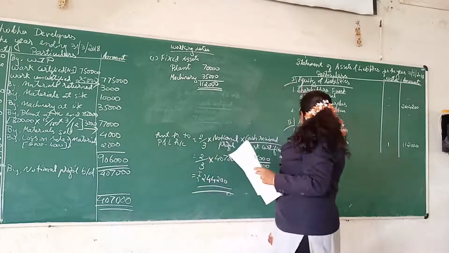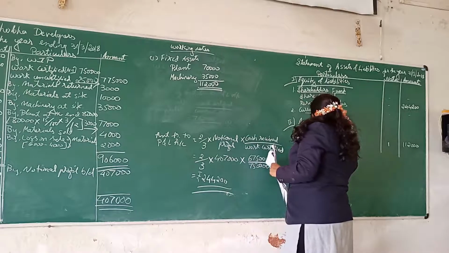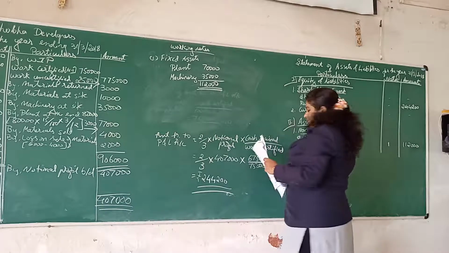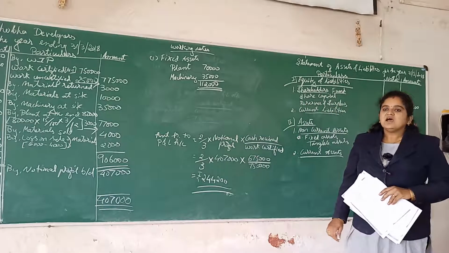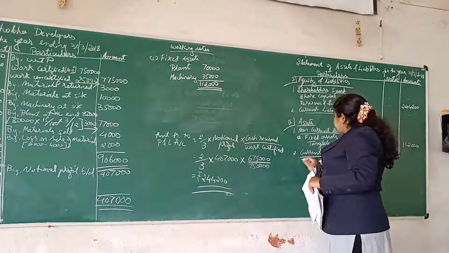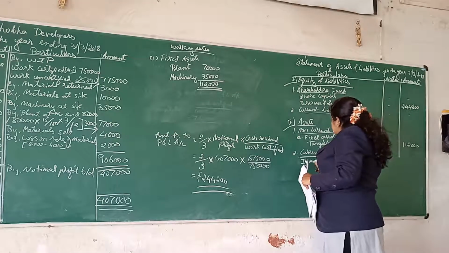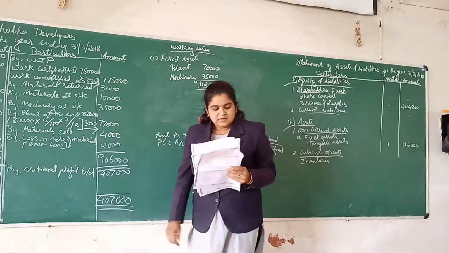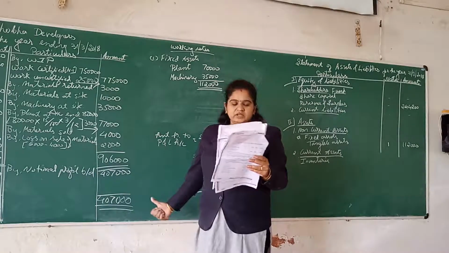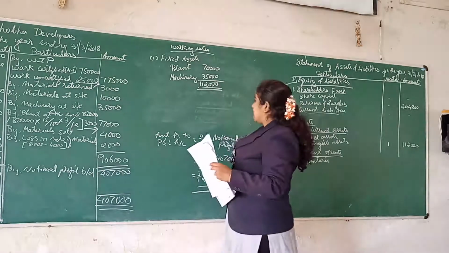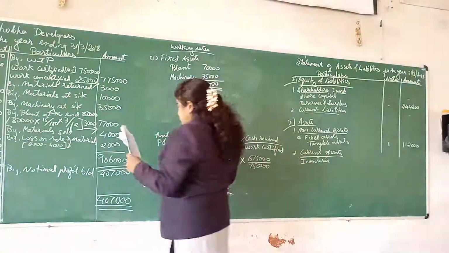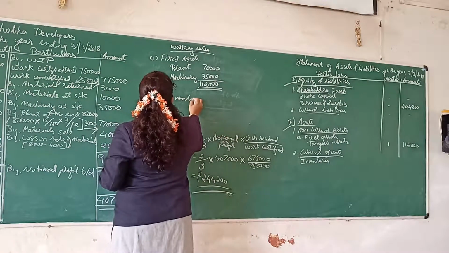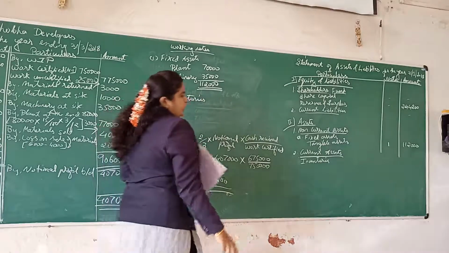Now next, the second point is current assets. Okay. Now under current assets we have inventories. Inventories in the sense materials. Whatever we have, that has to be shown here. Now for that again we will have a working note. The second point is inventories.